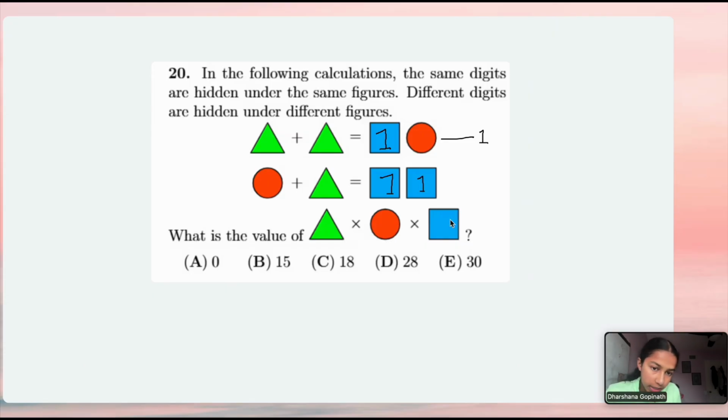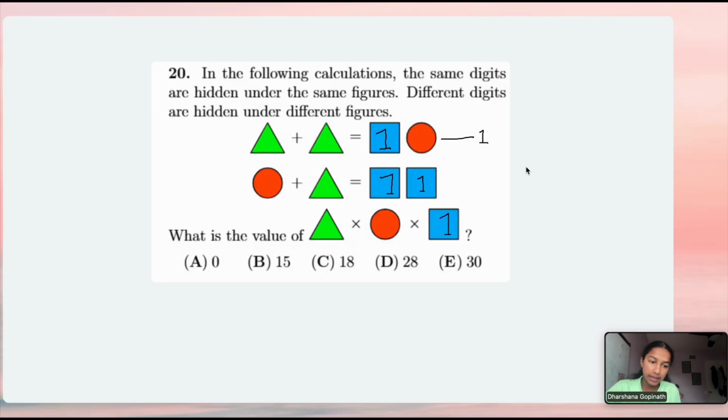And so this first equation has to be greater than 10 because then this second equation wouldn't work. And it also has to be greater than 11 because then circle would be the same thing as triangle, and that doesn't work because they said different digits are different figures.